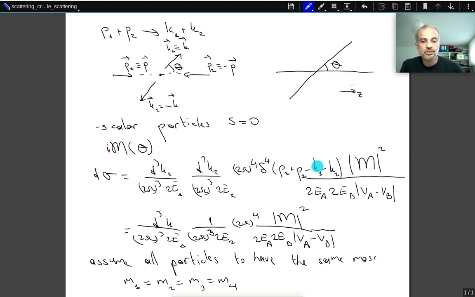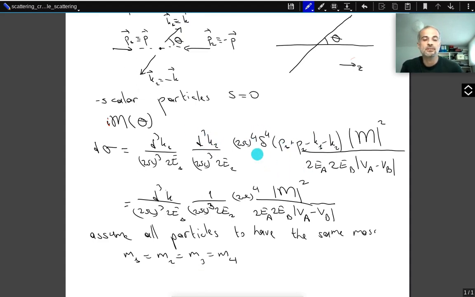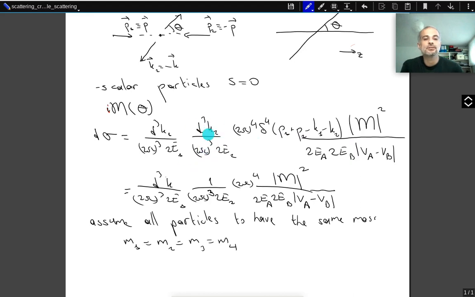But after this 3-dimensional Dirac delta integration, I have the restriction that k2 plus k1 should be equal to p1 plus p2 in terms of 3-vectors. And by the way, I took the 3 integrals. There is one more integral left, which will be the Dirac delta of E1 plus E2 minus Ek1 minus Ek2.